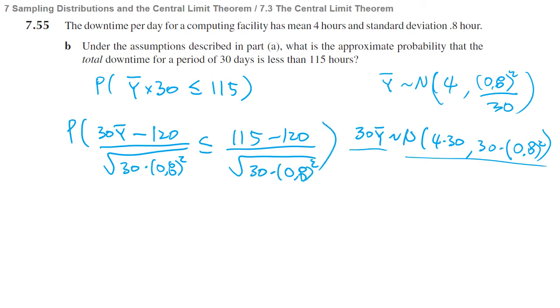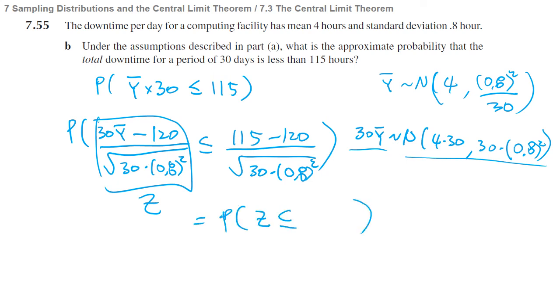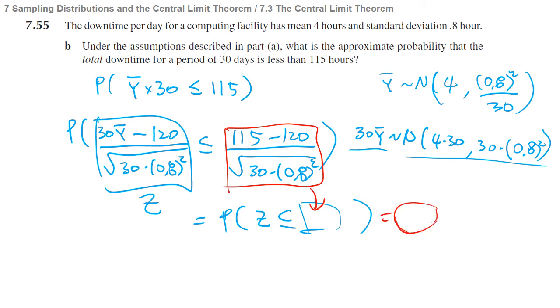Okay, so this one is Z, standardized normal. So this is the probability of standardized normal being less than or equal to the quantity here. I think you can calculate it by yourself using your calculator, and then you will get the probability using a normal table or by computer. Okay.